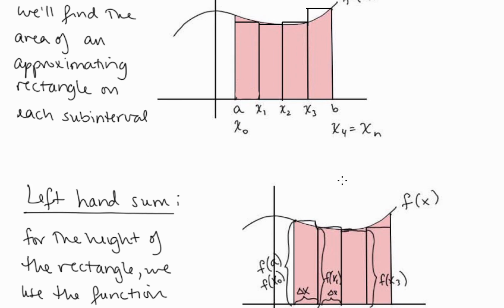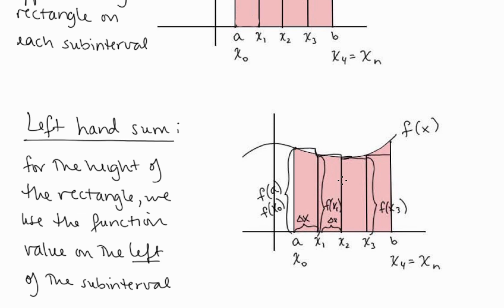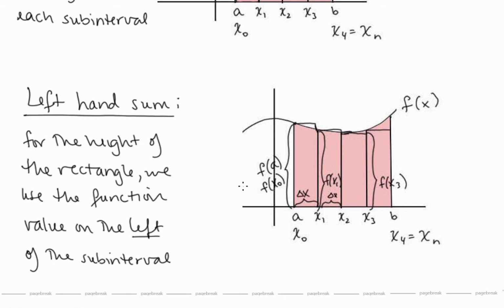Let's talk about a few specific ways to set up those rectangles. A left-hand sum says that for the height of the rectangle, we use the function value on the left of the subinterval. So for the first subinterval, x0 to x1, we look to the left side of that subinterval, that's at x0, and we take the function evaluation there.